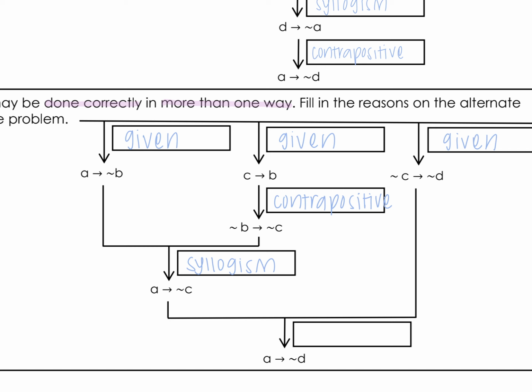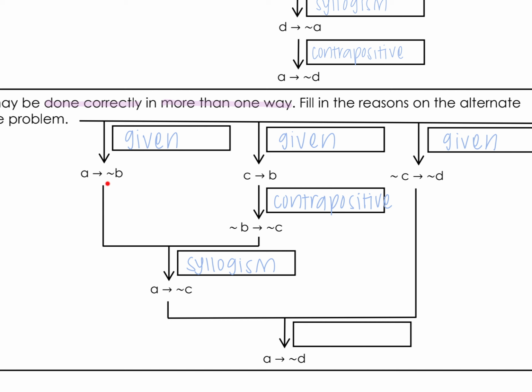Okay, and just to clarify why I know I'm doing this, well, I know that I need an A. This one had it. And I know I need a not D. This one has it over here. But if you look at the other two letters in those two givens, they are not the letters that will allow me to use those two right away to get my sentence. I need to connect one of them to change into the other.